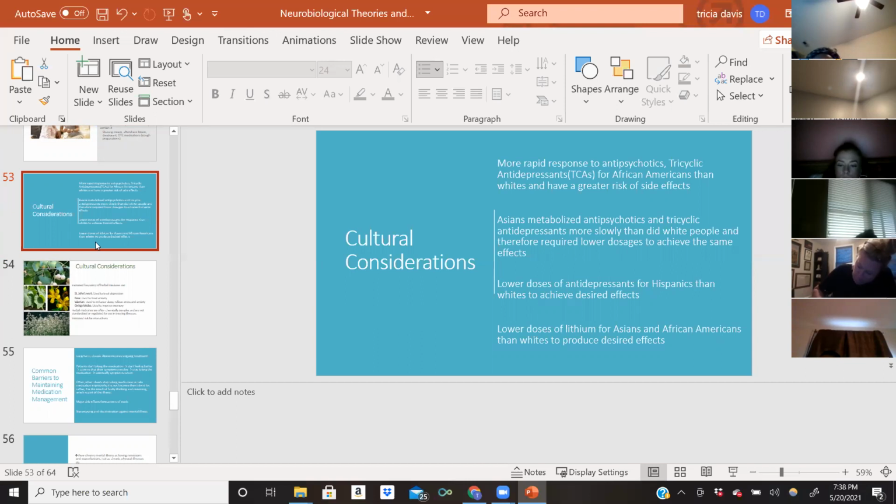Asians metabolize antipsychotics and TCAs more slowly than white people, and therefore they require lower doses to achieve the same therapeutic effects. Lower doses of antidepressants for Hispanics than whites to achieve desired effects, and lower doses of lithium for Asian and African Americans compared to whites in order to produce the same desired effects.